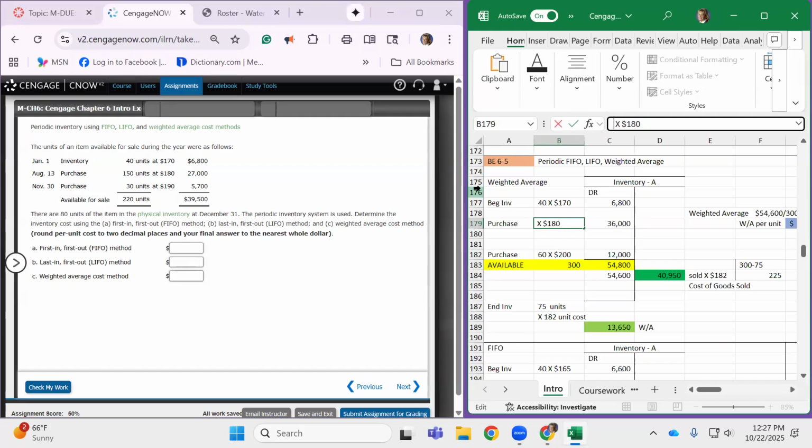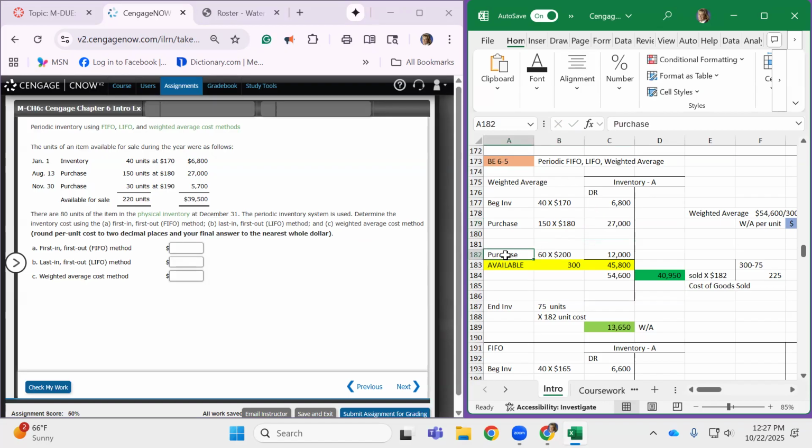Our last one cost 170, so that seems reasonable. We're buying 150 more, so we want 150 units times 180. I just want to double check that I put that in right.